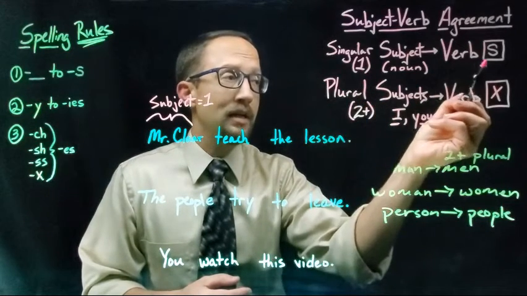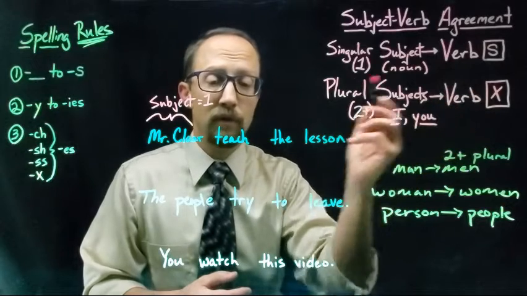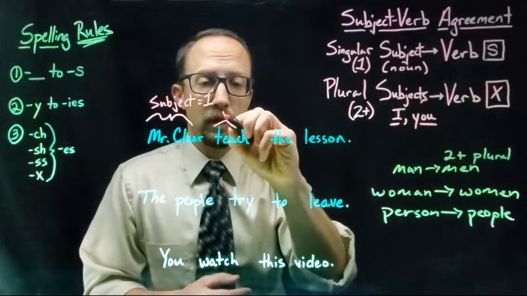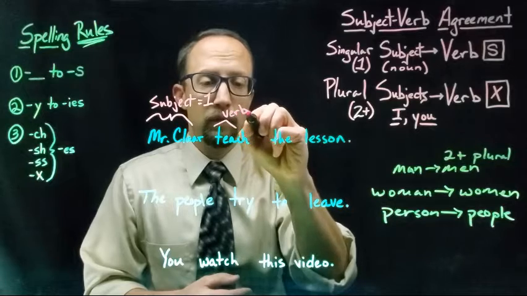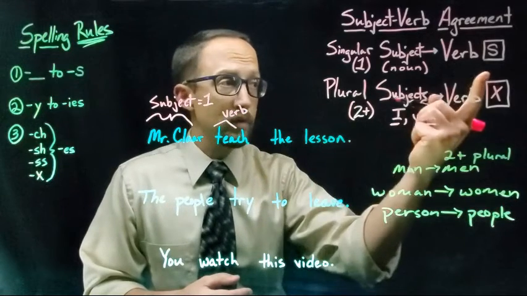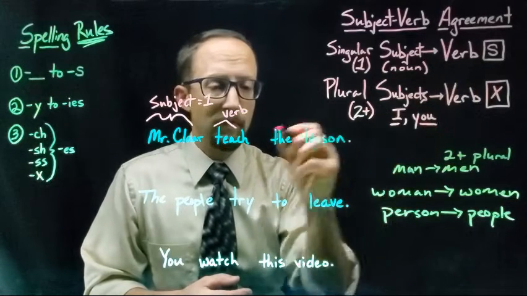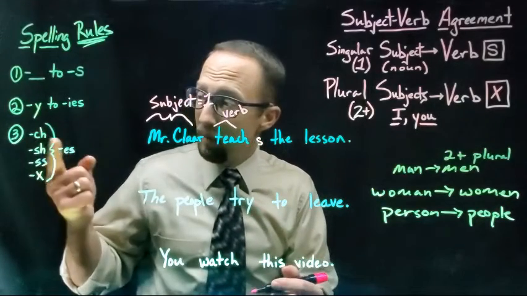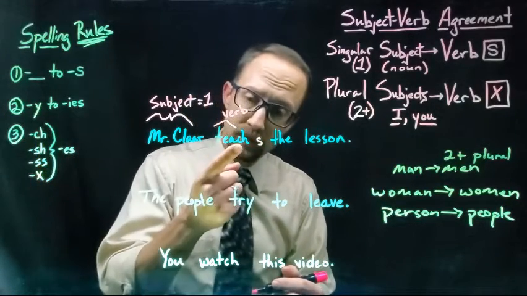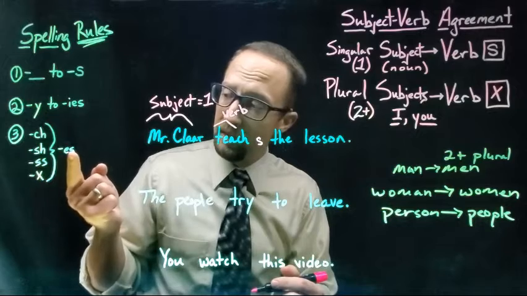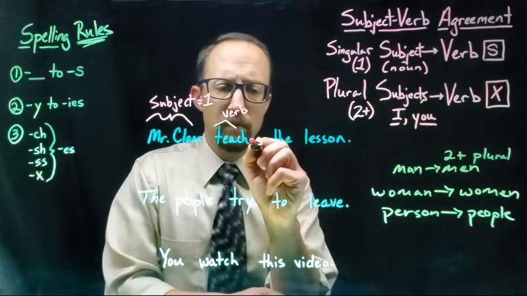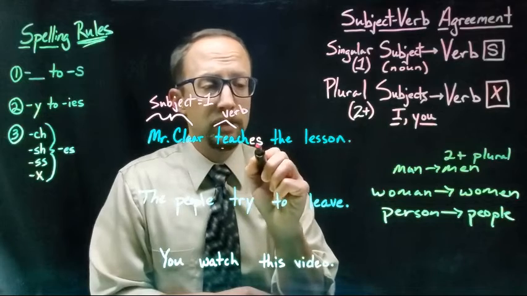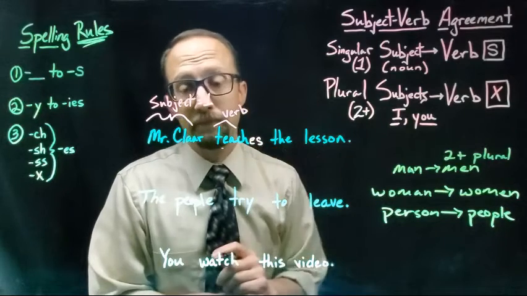Up it says I need an S on the verb. Here is my verb. Teach. So I need an S. Teaches. But I remember CH, CH, I have to add ES. So I need Mr. Clare teaches the lesson.